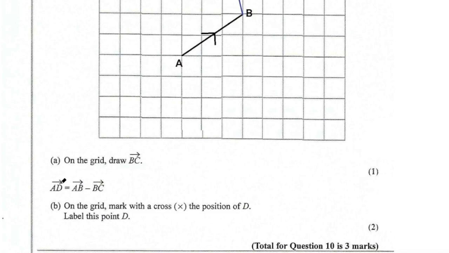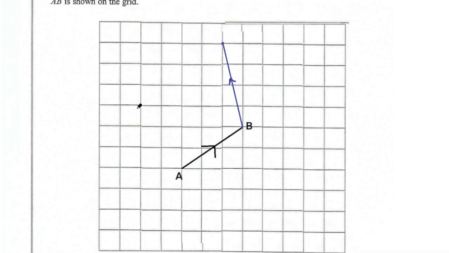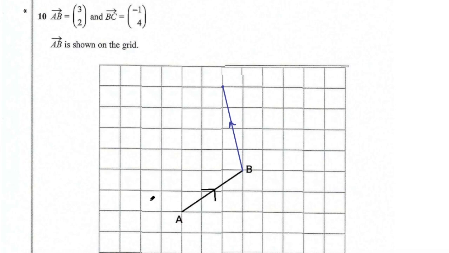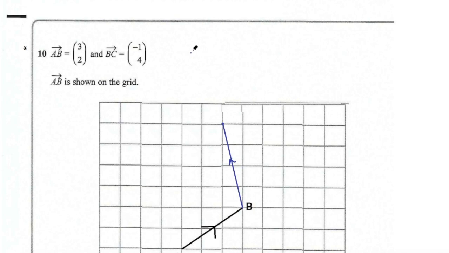Then part B says AD equals AB minus BC. On the grid, mark with a cross the position of D, label this point D. So one way you could do this is to subtract the two vectors. So 3 minus minus 1, that's 4, and 2 minus 4, that's minus 2.